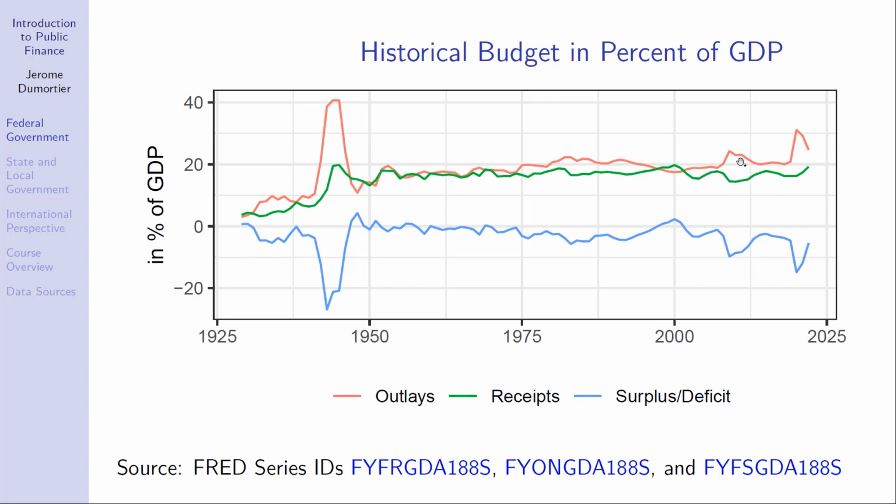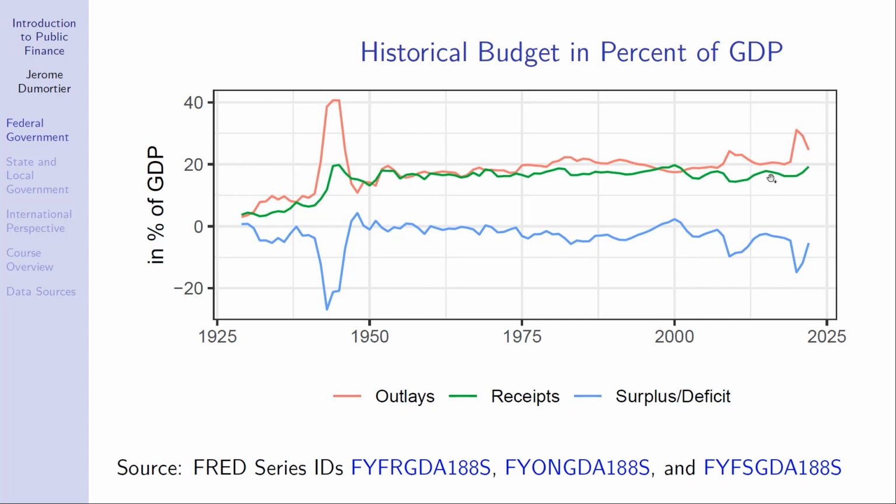Again, here you have the 2008 recession, and here you have the expenditure associated with COVID-19. You can see that the outlays, or expenditures, and receipts are approximately 20% of GDP. What this also means is that the US government is a big player when it comes to the economy.